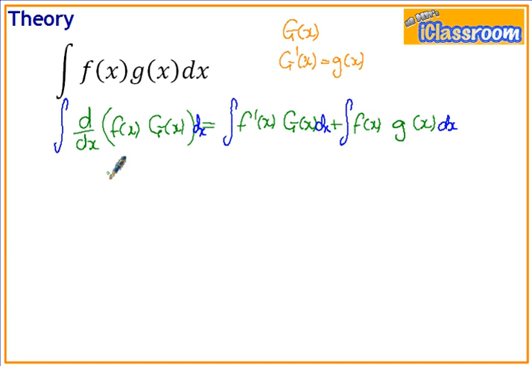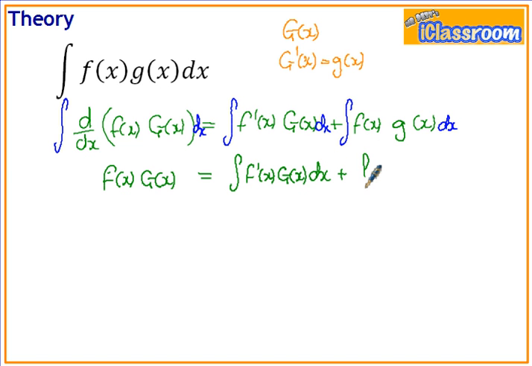So here we will have f of x times the antiderivative, G of x, is equal to the integral of f prime of x G of x with respect to x plus the integral of f of x g of x dx, which is the thing that I'm interested in finding.